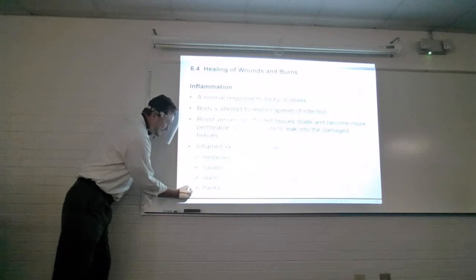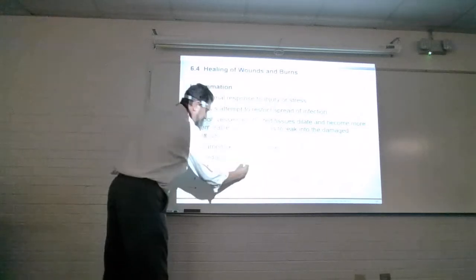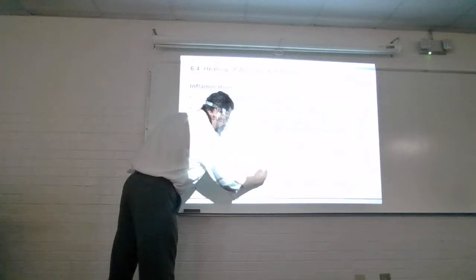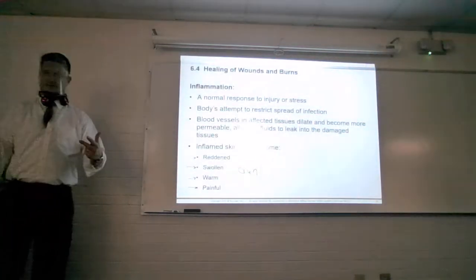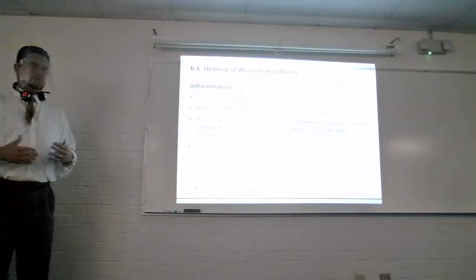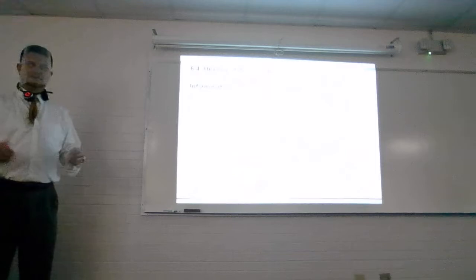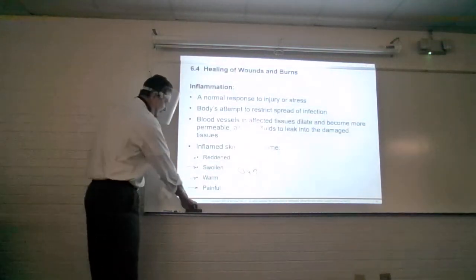And if it's going to a place that's already hurt, it's going to be painful. I mean, I want to put a red hot liquid in something that's injured. It's going to be red, swollen, warm, and painful. Hopefully you don't have to study that. That's something you should just go, okay, that makes sense.